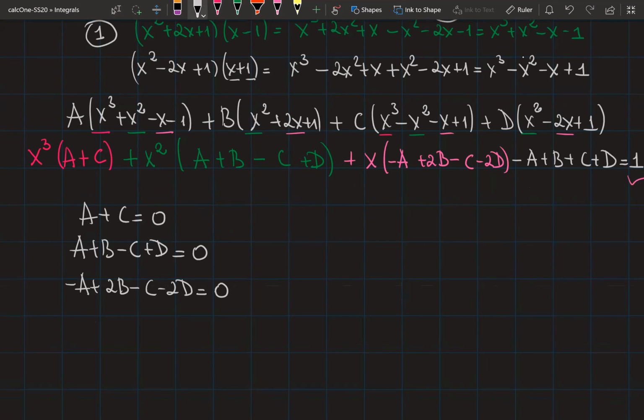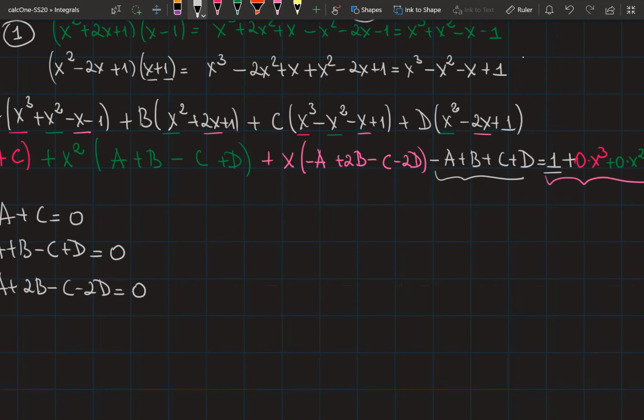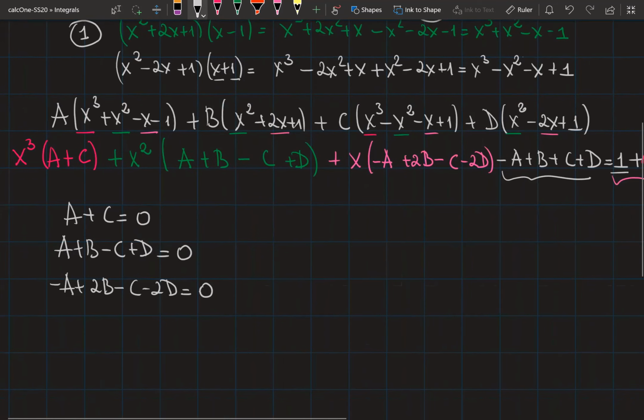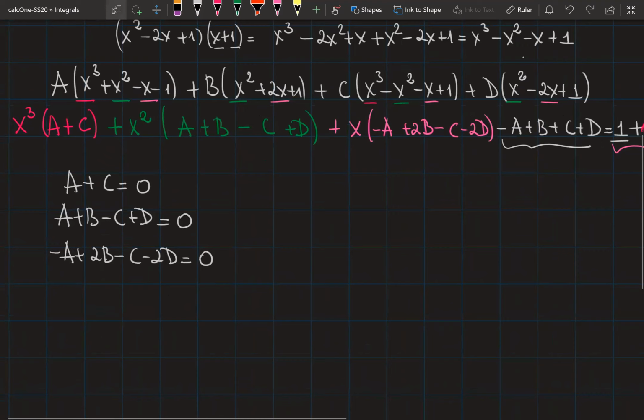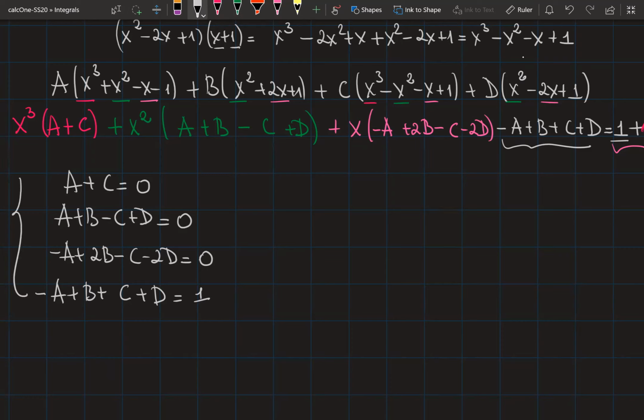And the last one, the term without any x, is equal to 1, because on the right-hand side I've got 1 as a term without x. It's going to be minus a plus b plus c plus d, and this is equal to 1, sorry. So I've got a system of linear equations with 4 unknowns and 4 equations. We're going to solve this.